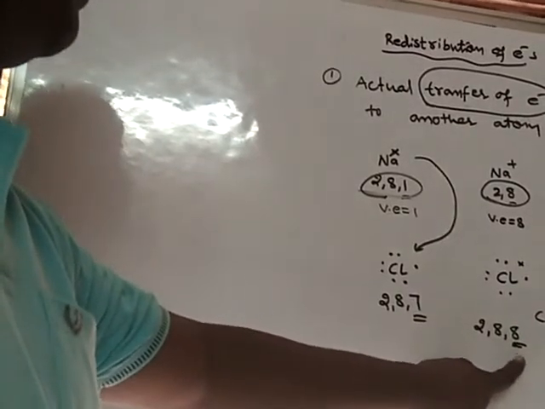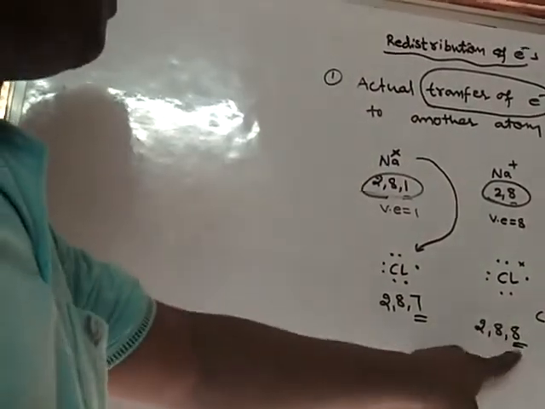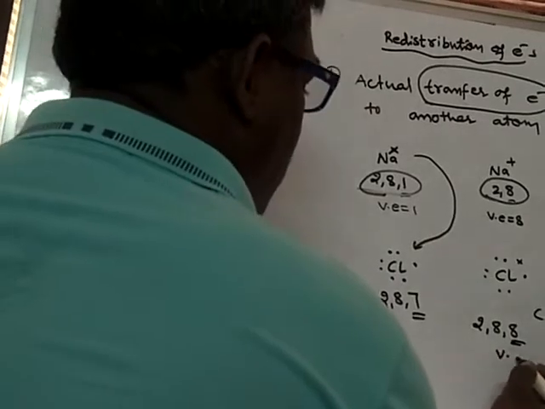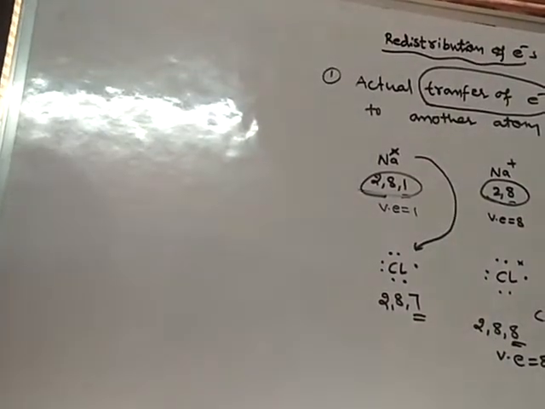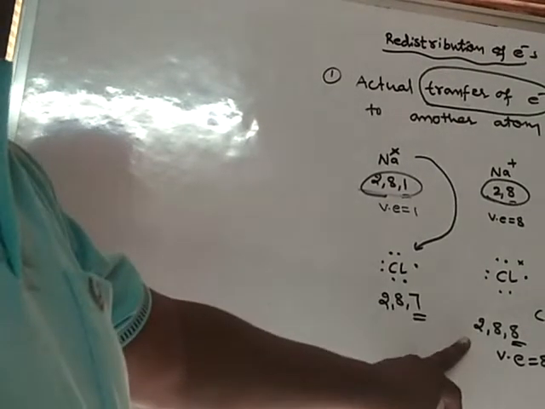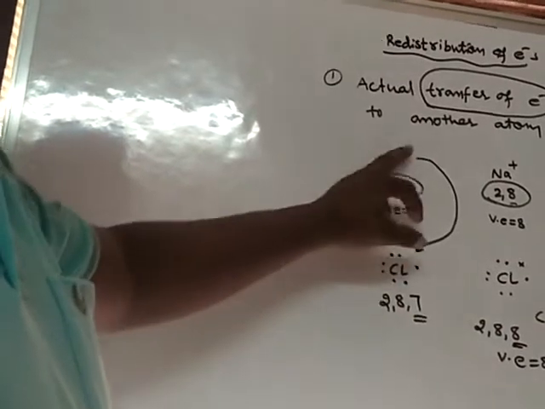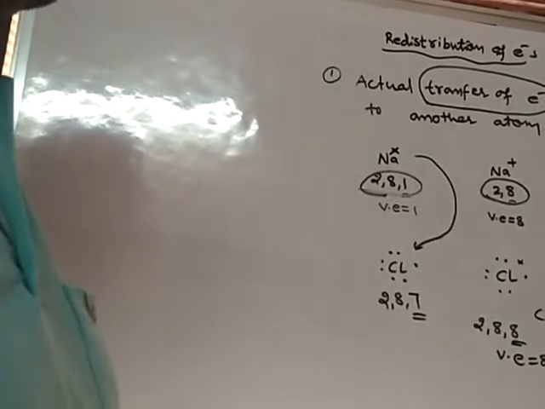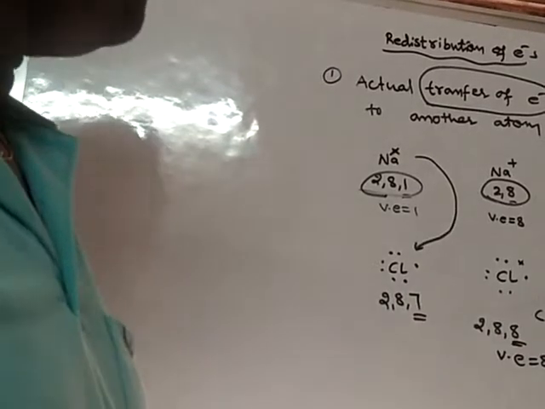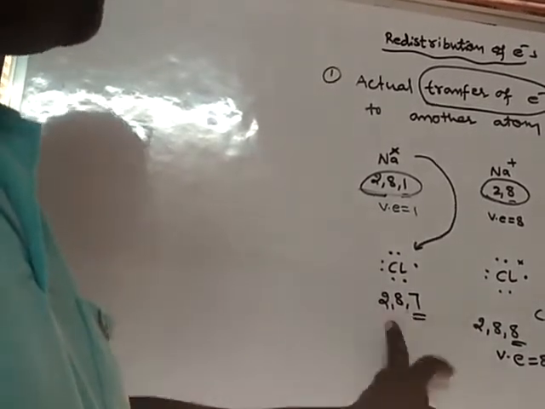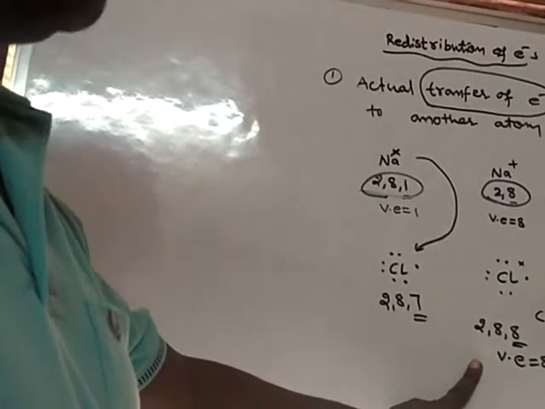Hence it has become stable. Any element which possesses 8 electrons in its valence shell is stable. So in order to get a stable configuration, chlorine accepts 1 electron from the sodium atom and turns into the Cl minus ion.